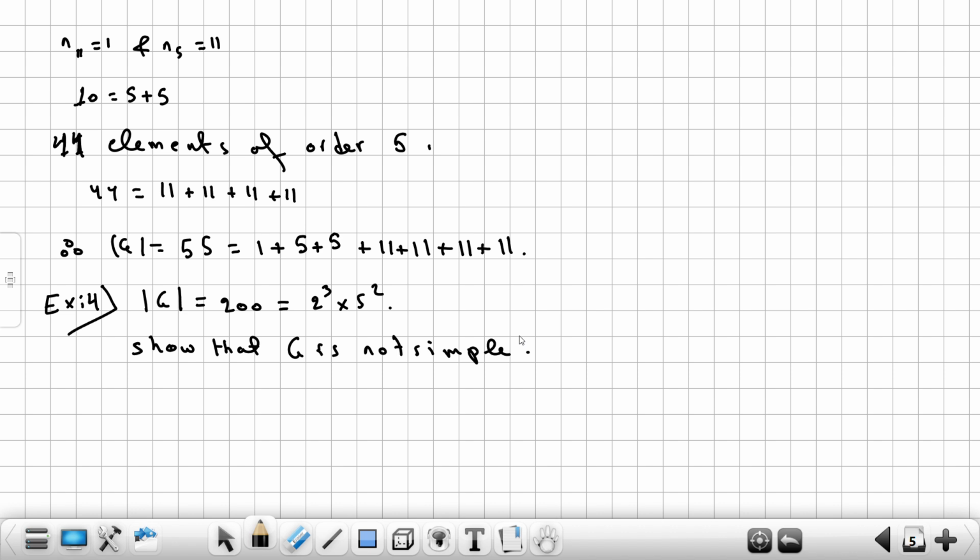We need to find a non-trivial normal subgroup of G. The first thing we could think about is to find a unique Sylow subgroup of G, and we are done. Once we finish the proof, we conclude that any group of order 200 is not simple.